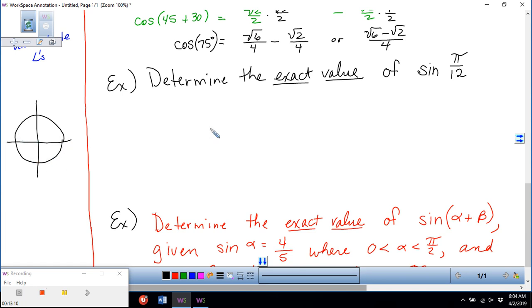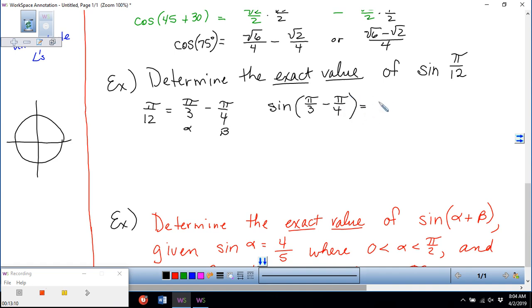Pi over 12 is equal to pi over 3 minus pi over 4. So my alpha is going to be pi over 3, my beta is going to be pi over 4, and we will be using the difference formula for sine. So we're going to be doing sine of pi over 3 minus pi over 4.